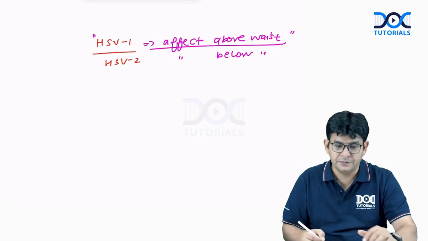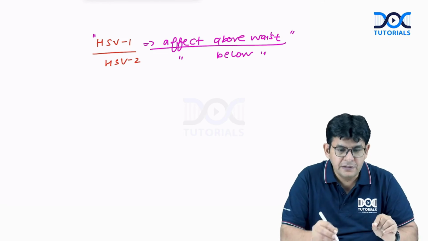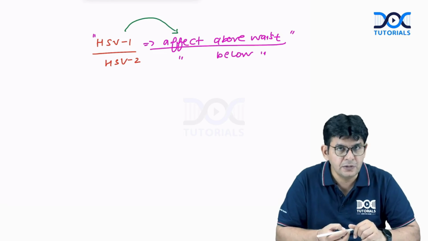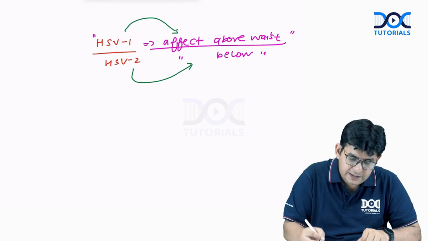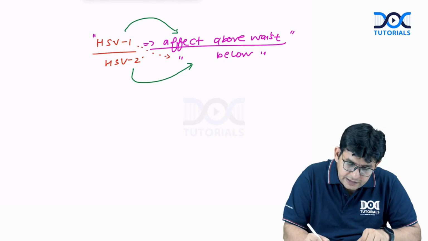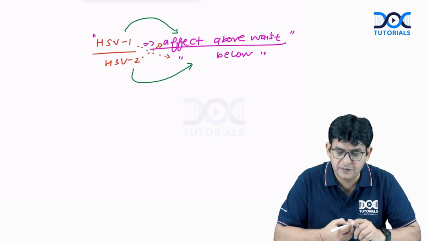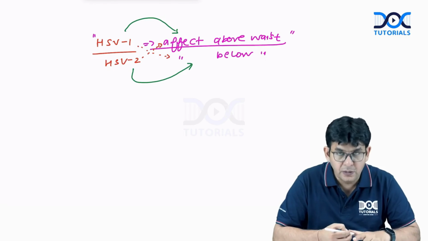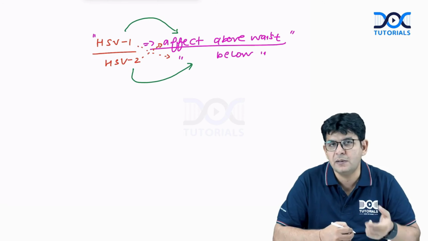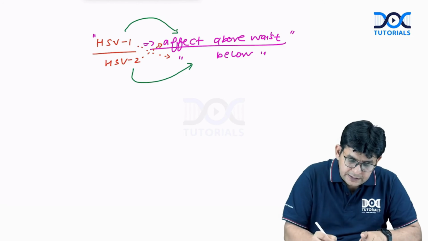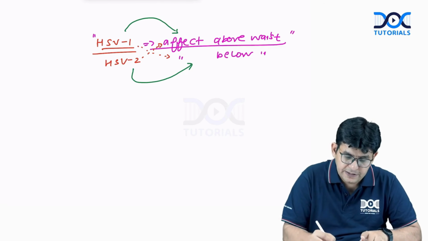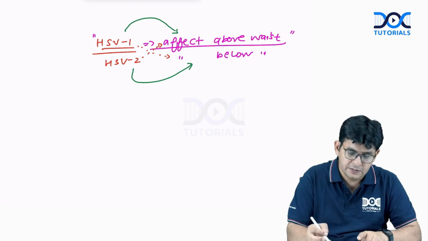HSV1 mostly causes lesions above the waist and HSV2 causes lesions below the waist. But remember, they can crisscross also. HSV1 can cause lesions below and HSV2 can cause lesions above also. That is not a strict rule, but basically this is what is observed.